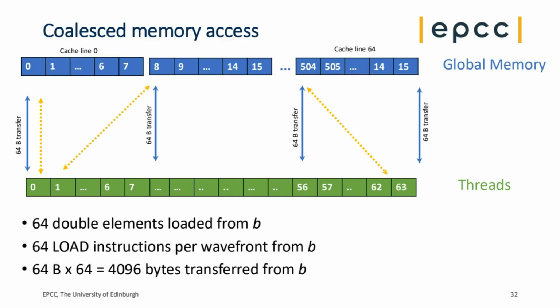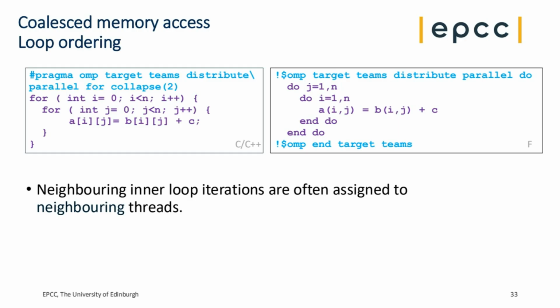So it's very important, when you're accessing memory, to make sure that those memory accesses are coalesced. Now, if you had a 2-dimensional array, you then have to worry about how the data for that array is organized in memory, which indexes are contiguous, in other words.